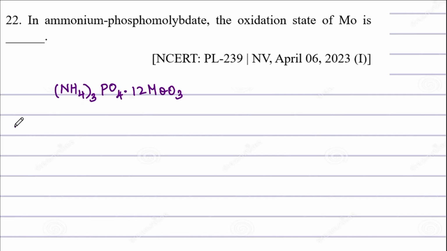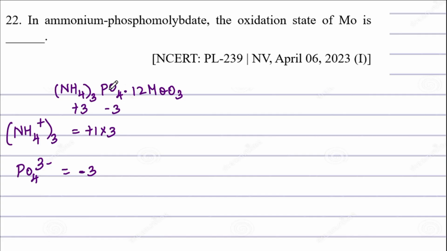The charge of the ammonium ion is NH4+ and 3 units are there, so plus 1 into 3. Then phosphate ions have the charge PO4 3-, so the charge is minus 3. So plus 3 and minus 3 cancel, and this compound is overall neutral.